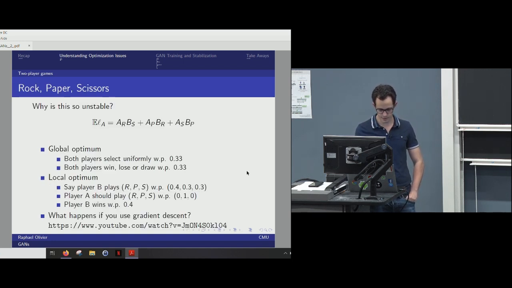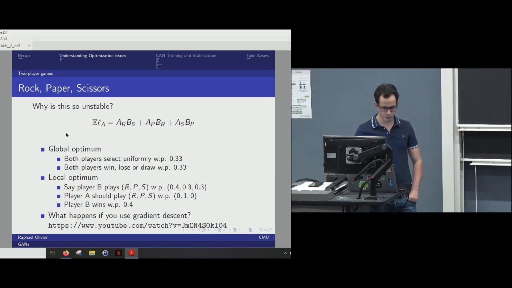If you formalize the problem a little bit, this is the general loss that you have, where if you're trying to get A to be good, you're going to have the min-max problem, like in a GAN. The global optimum is a purely uniform strategy for each of the players.